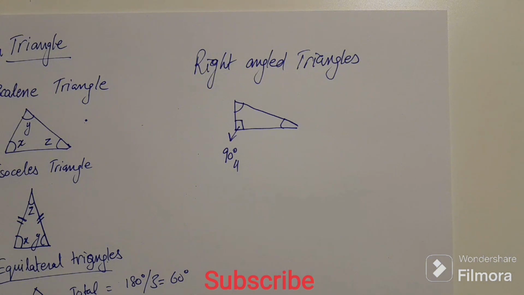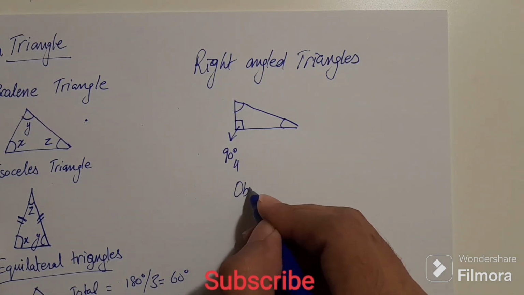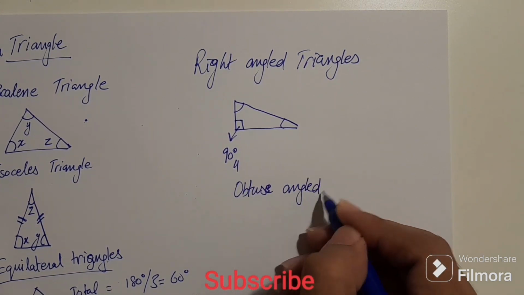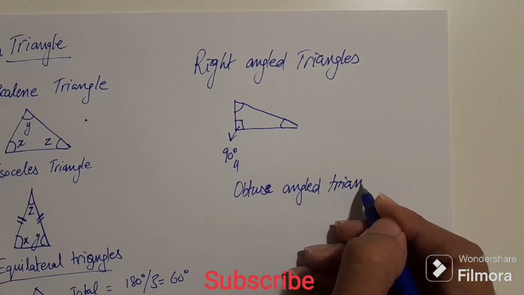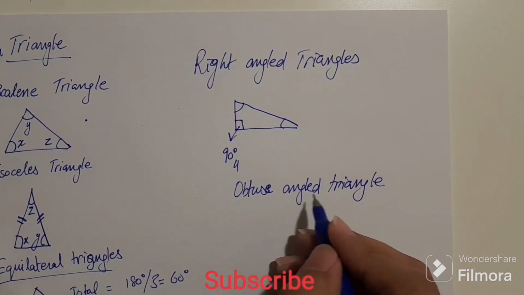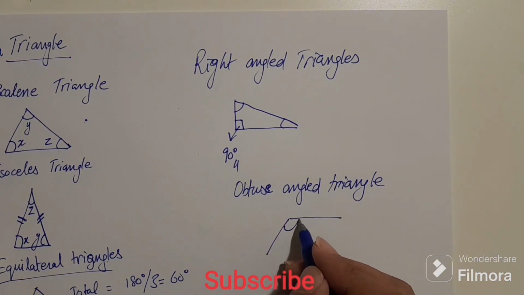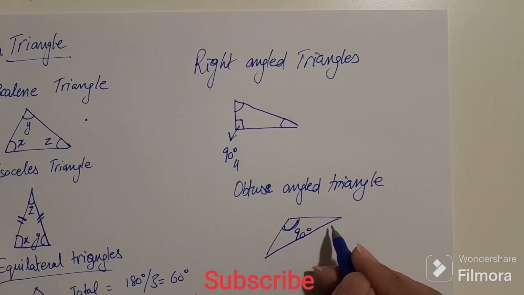And the last type of triangle is the obtuse angled triangle. What does obtuse angled triangle mean? It means that one of the triangle's angles is greater than 90 degrees. So one angle will be greater than 90 degrees and the other two will be less than 90 degrees.